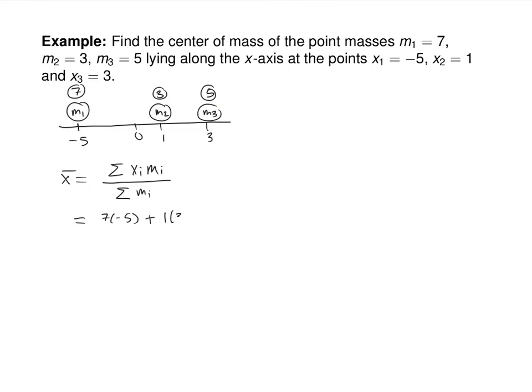I have that backwards. Its mass is 3. Its location is 1. But either way, it doesn't matter, right? Then 5 times 3 over. What numbers get added for the denominator? 7, 3, and 5? Yep. Okay, great.